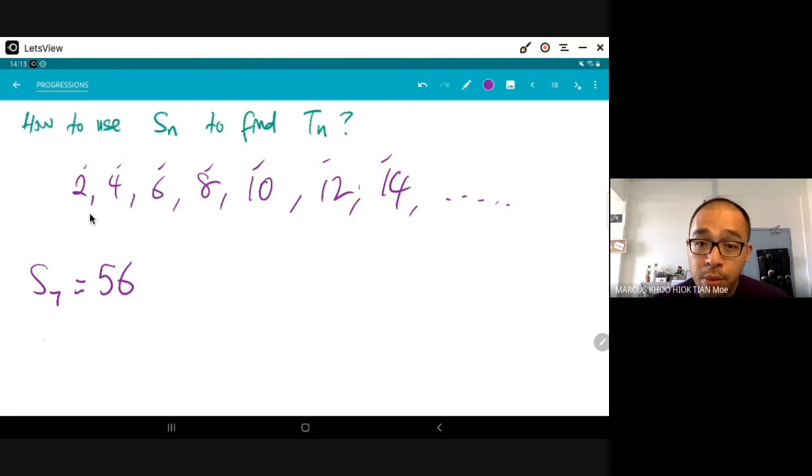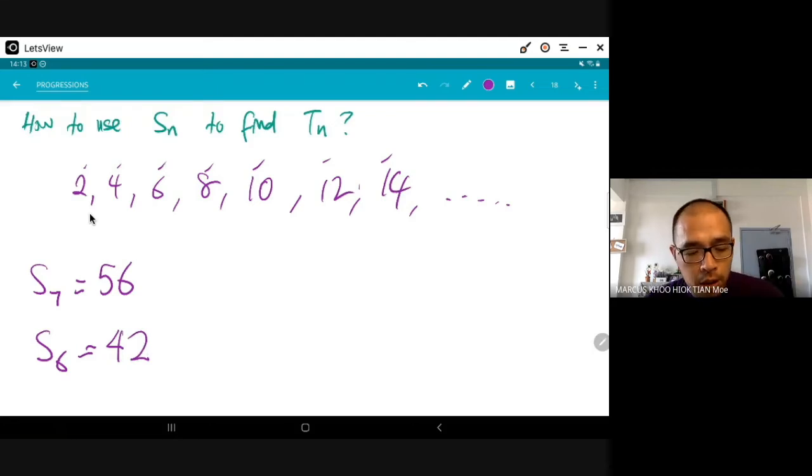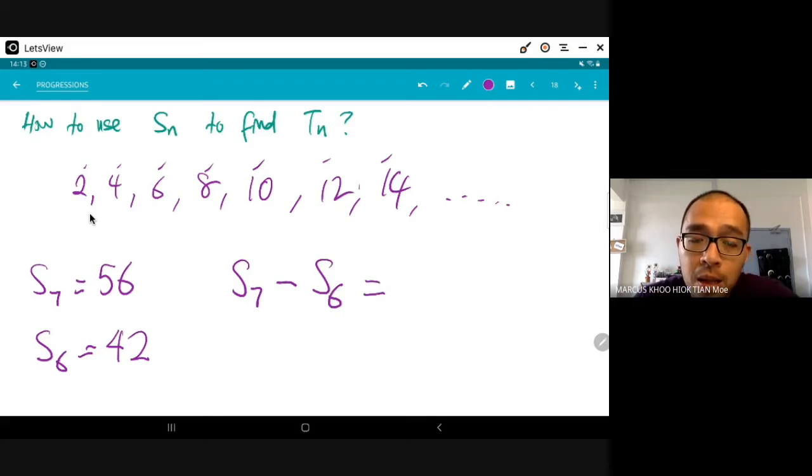Can you find for me what is S6? Dari pertama sampai ke-6 saja. Tolong carikan untuk saya. 42. Okay. Now, tell me what is S7 minus S6? 56 tolak 42 berapa? 14.